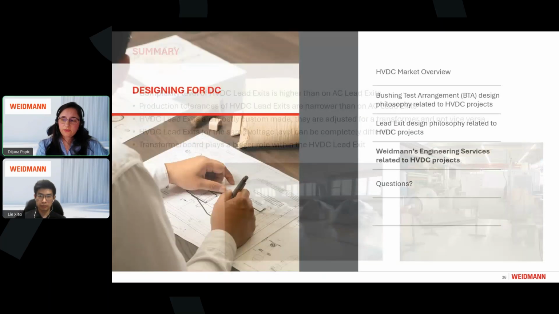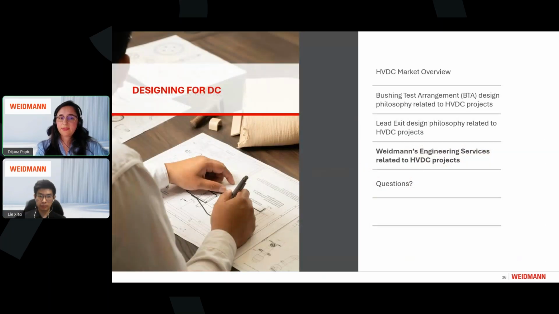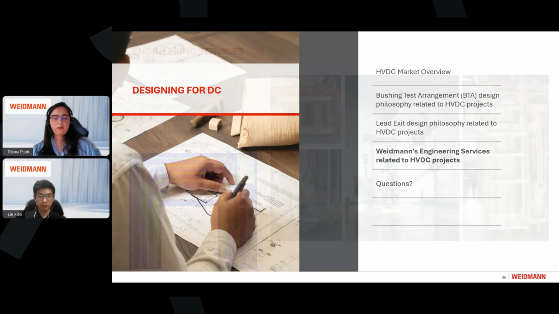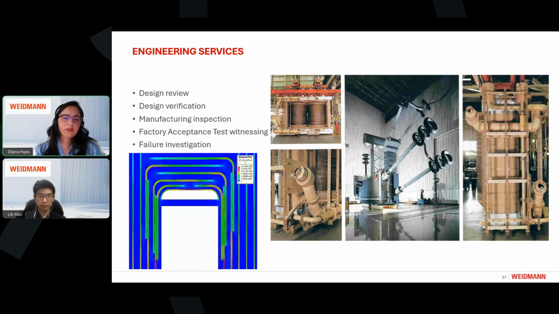And just quickly, beside, for example, the electric analysis Weidmann performs, shown by Lie in this presentation, for a DC project there is also a need to perform a design review in the early stage. Of course, then a design verification with various calculations, 2D, 3D, in terms of polarity reversal and DC voltage conditions, and transient.